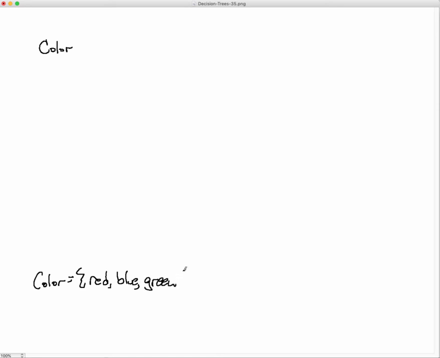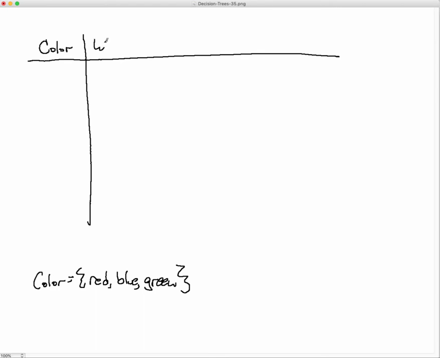Consider the following situation. Suppose I have some decision table over here, and I have variables here. I'll have color, and color can be red, blue, green. Maybe I have weight, and weight could be heavy or light.